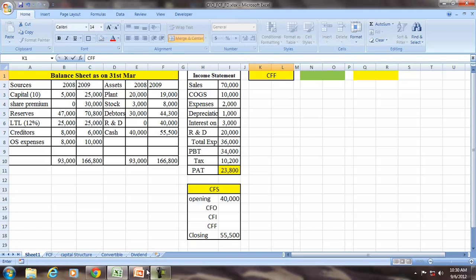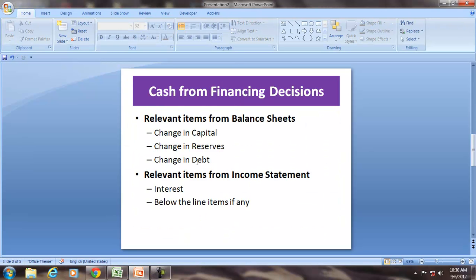Cash from financing. The cash from financing decision shows the cash inflows, the receipts and payments from all the financing decisions. The financing decisions are raising capital, borrowing money, paying interest, distributing dividends and payback of capital and the loan.